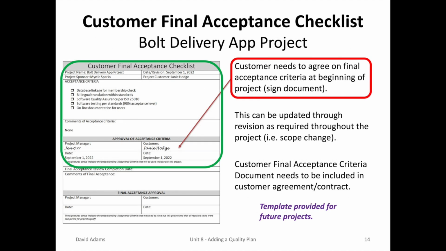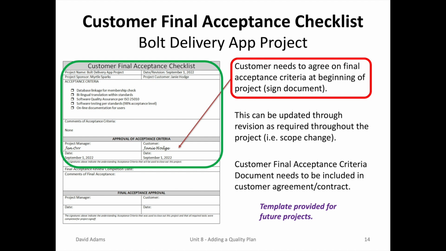You may recall from the first unit when I talked about my own personal experience, the Nike job, the solar manufacturing, and we did not have a customer final acceptance checklist. So the customer could actually say they wanted everything or anything. By getting the agreement up front, you're fair to both the project team and the customer on what the deliverables will be.